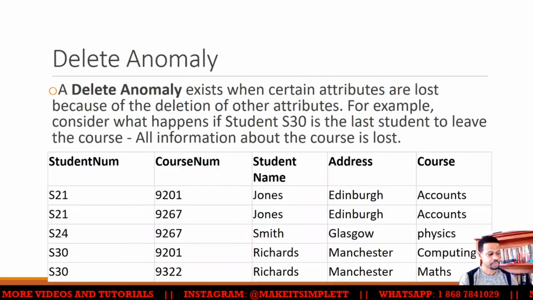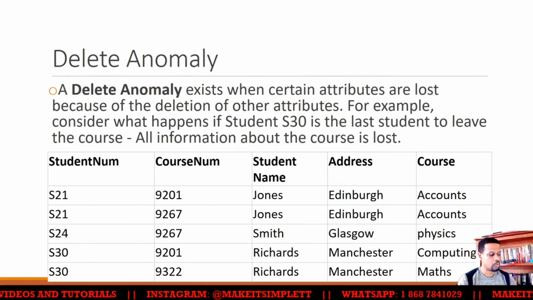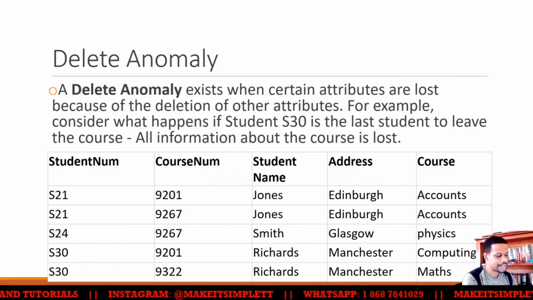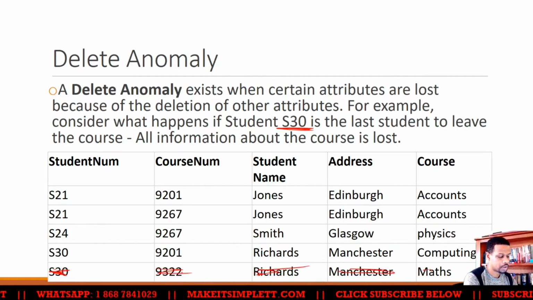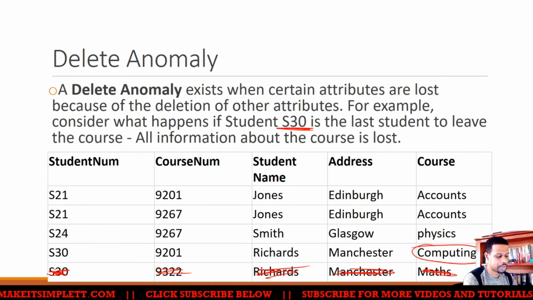A delete anomaly would be if you do a query and say delete Jones from the database, or for example, delete student S30. If you delete S30 from here, you delete them from the maths course, but you're also supposed to delete them from the computing course.